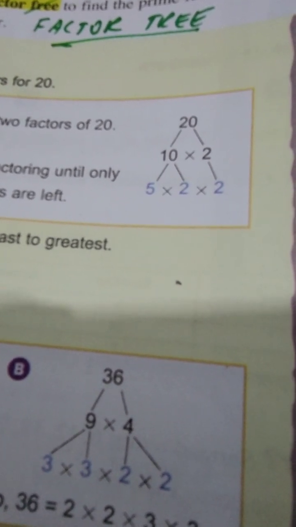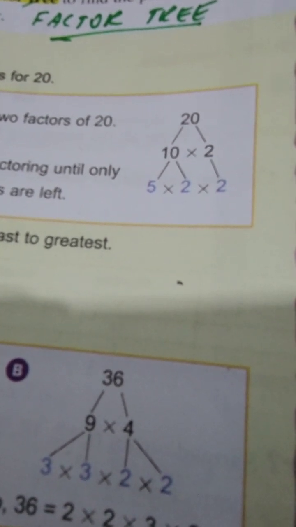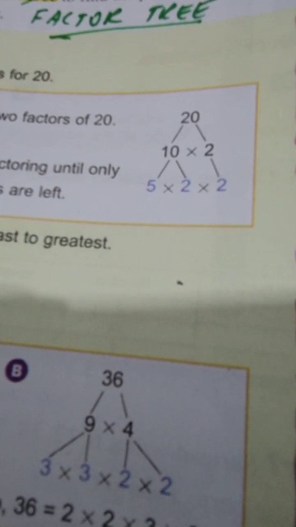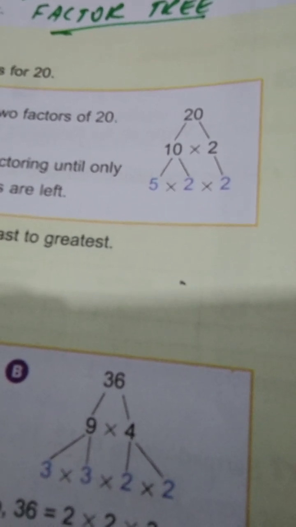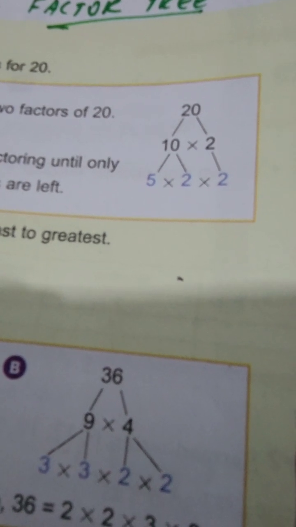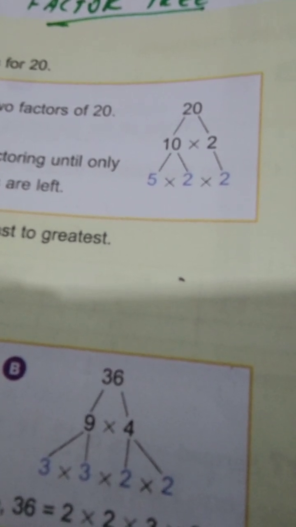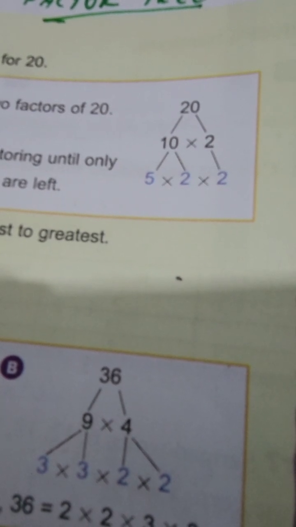So for example, 4 is a composite number because it has 3 divisors: 1, 2, and 4. Okay. Be careful because the smallest prime number is 2 and it's the only even prime number. Okay. All other even numbers are not prime because they are divisible by 2.